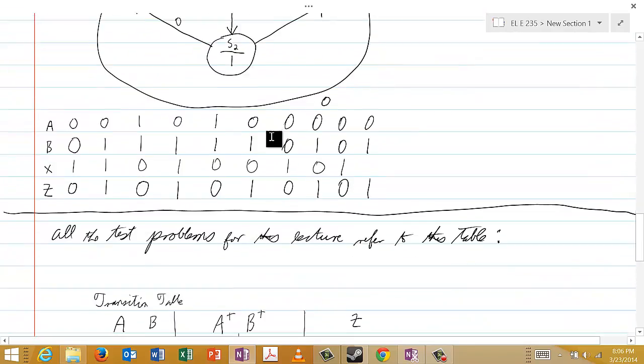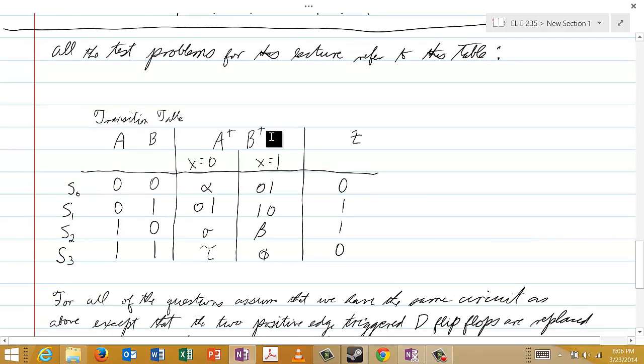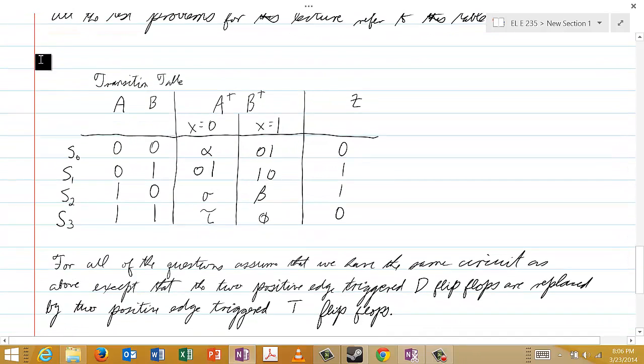So we come down and I have set up the transition table for you that you would have in that case, and I have filled in some of the transition table for you to help you make sure that you understand the concept.